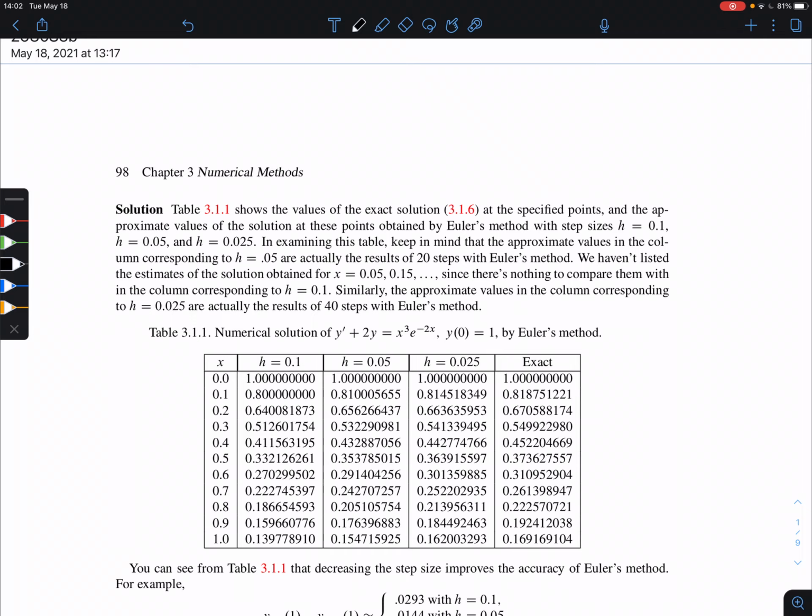And what we want is exactly the 10th one, because we said the 10th one should be approximately the same as y of 1. Remember, 10 steps, after 10 steps we were at the value x equals 1. And according to this table, if you do this method, it says it should be 0.13977, so rounded, say 0.14. Okay? This is if we do this with steps of 0.1.